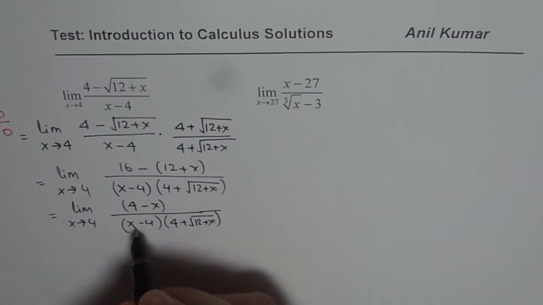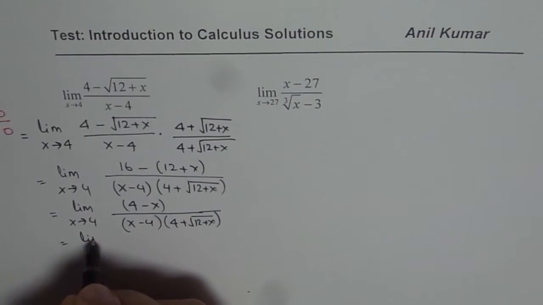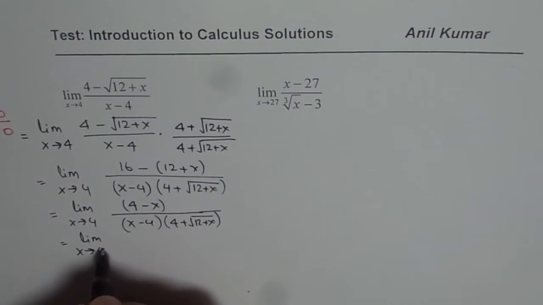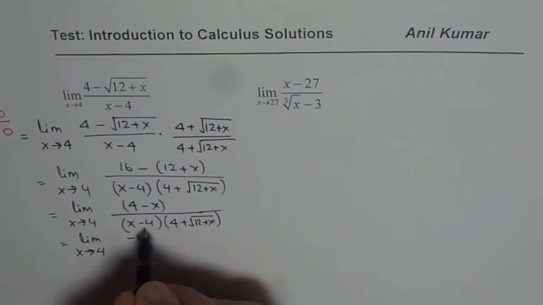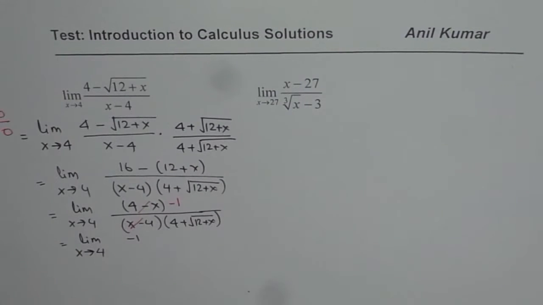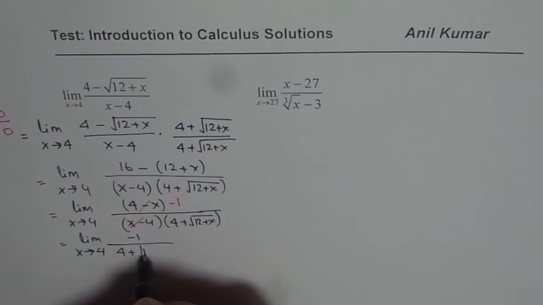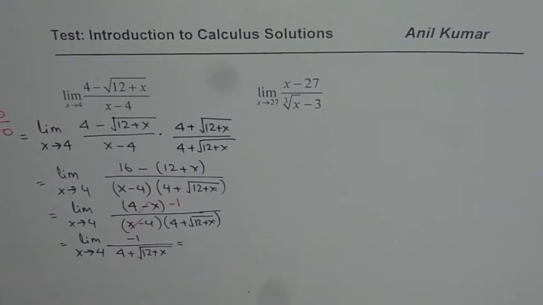Now you could cancel that with minus 1, right? So you could do this as limit x approaches 4 of minus 1 times 1 over 4 plus square root of 12 plus x. Now we can substitute 4 and get the answer.